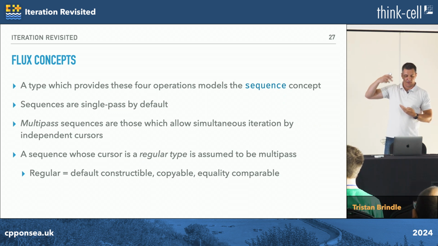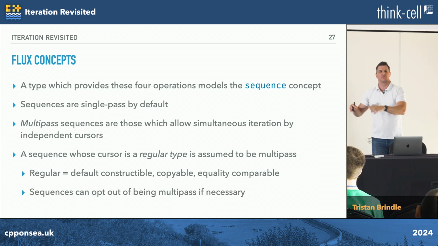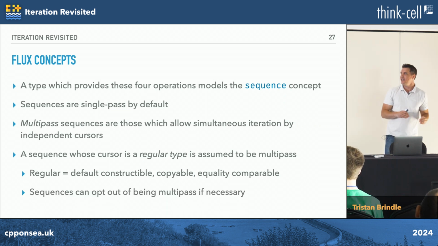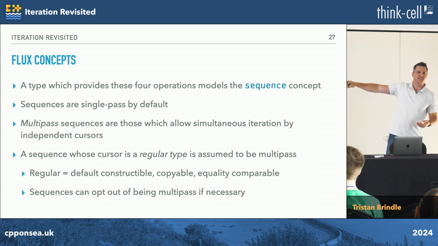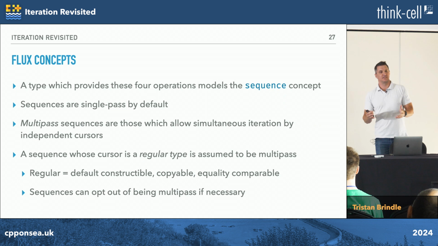So there is an opt-out, like a sequence can say, hey, I know my cursor's regular, but I am actually only single pass. It turns out that although I put this in, none of the built-in sequence types in Flux actually make use of this opt-out, because in Flux, the built-in sequence types all have move-only cursor types if they're single pass.